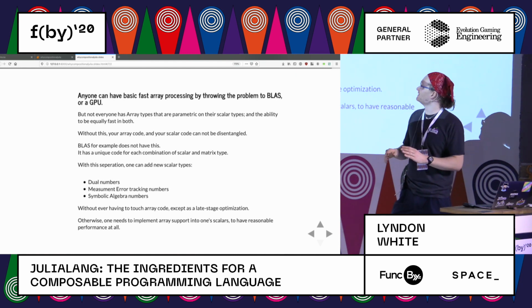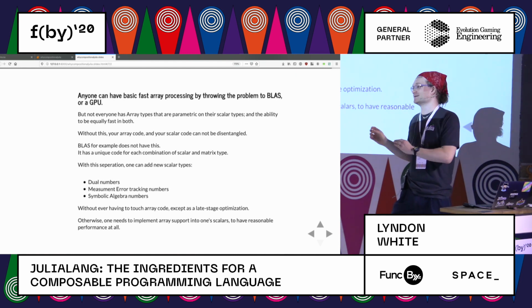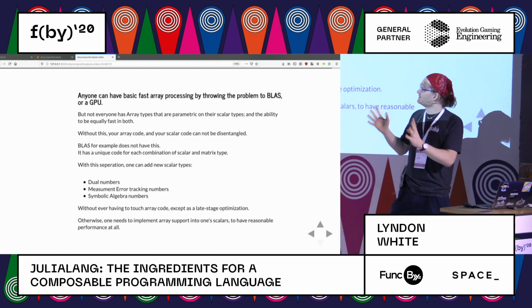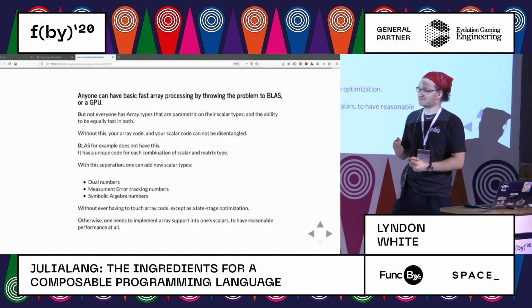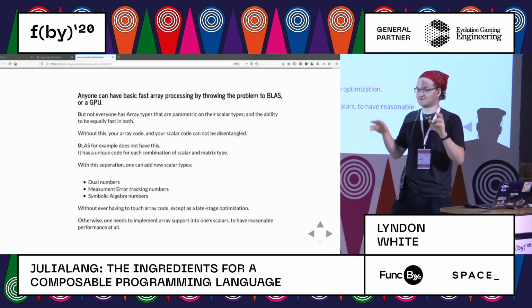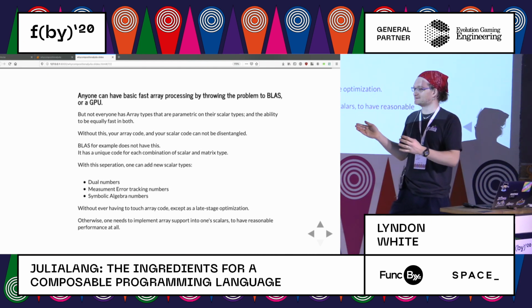But not everyone has array types that are parametric on their scalar types, and the ability to be equally fast in both. So I mentioned the measurements example right at the start, where we've got this metadata attached to my scalar types that says how to propagate accuracy errors through the code base.